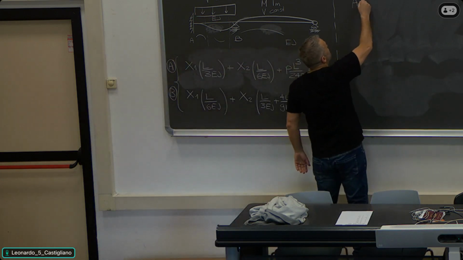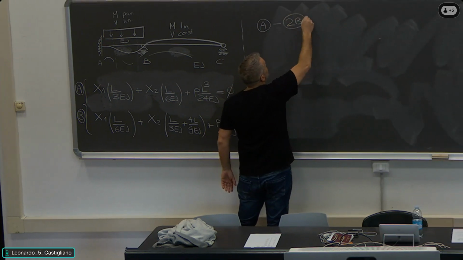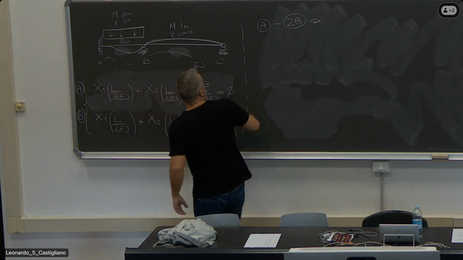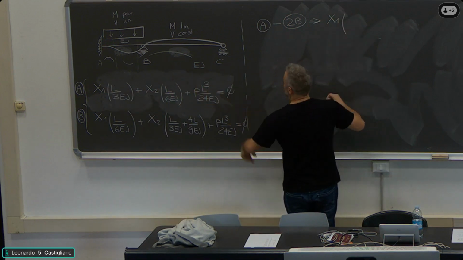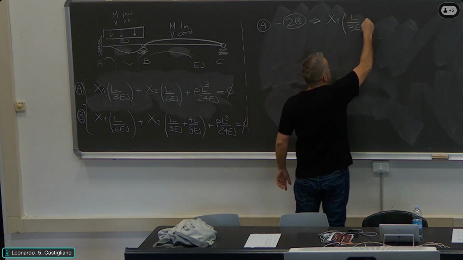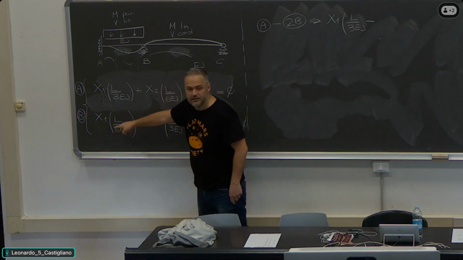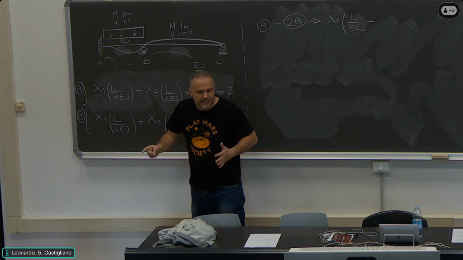Meaning A minus 2B is what? x1, the coefficient of A stays the same, L divided by 3EJ, minus the coefficient of B multiplied by 2. What is it? Exactly L divided by 3EJ.